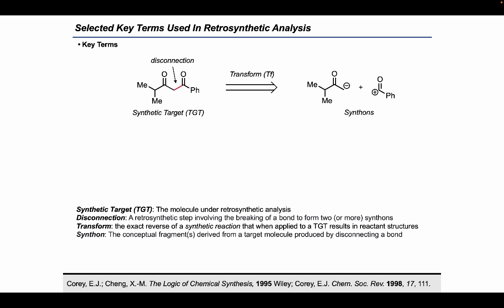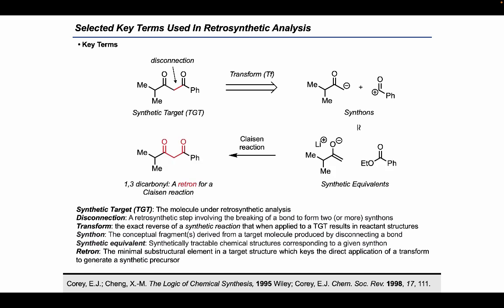One obtains synthons and synthetic equivalents by application of a transform to a target. A transform is the exact reverse of a synthetic reaction, that when applied to a target gives reactant structures. In this example, application of a Claisen transform to this synthetic target gives an enolate and an ester.